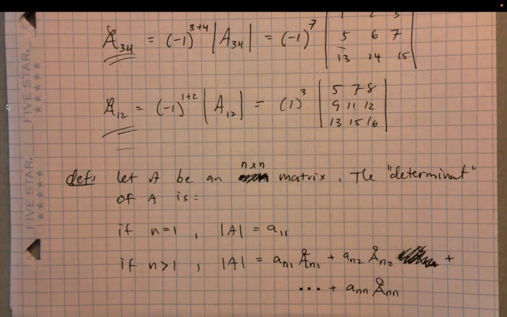That's the definition of the determinant for any n by n matrix, so obviously the 1 by 1 and then 2 by 2 and above are captured by this.